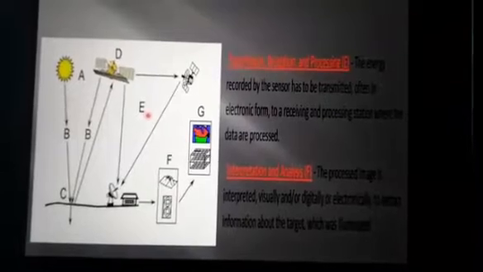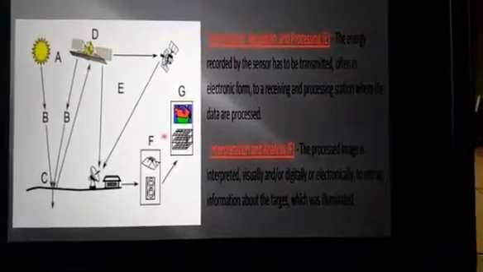And then we have E, as you can see there. The transmission, reception, and processing occurs at E. The energy recorded by the sensors has to be transmitted, often in electronic form, to receiving and processing stations where the data is processed.